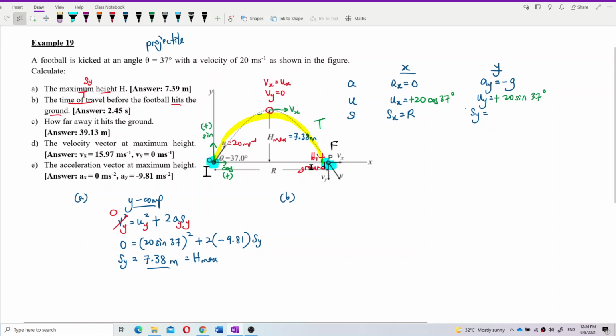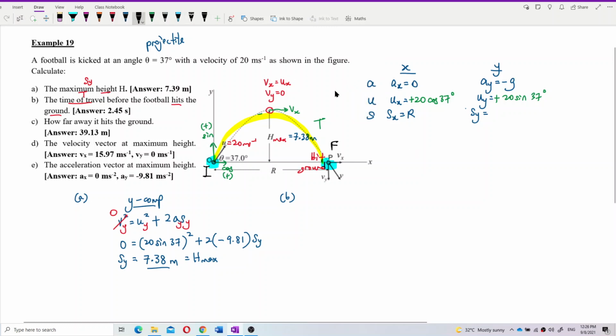So are the initial and final points on the same level? On the same level, so that means the final point is just at the initial point. The y component, I can draw it up for you.